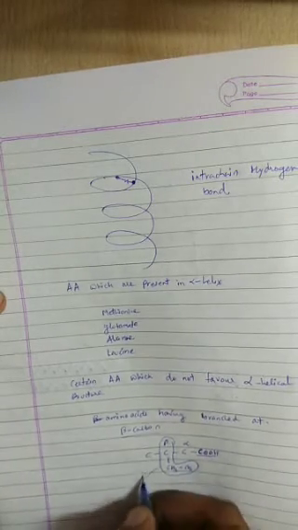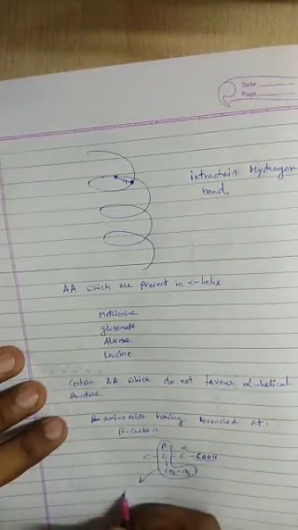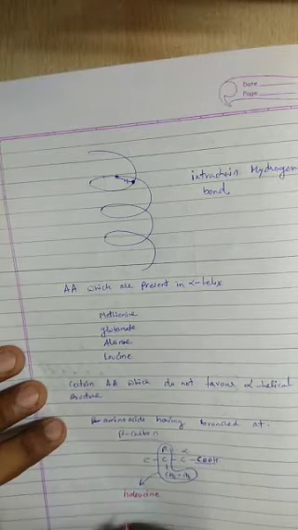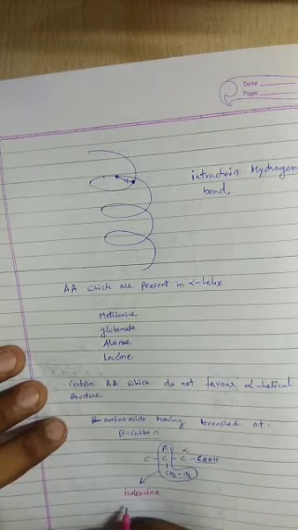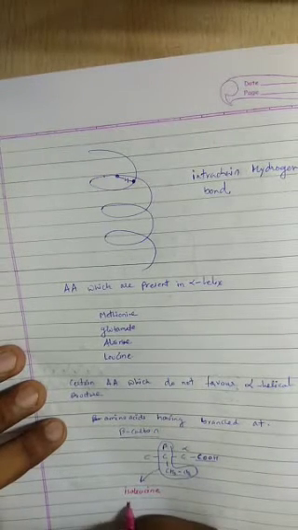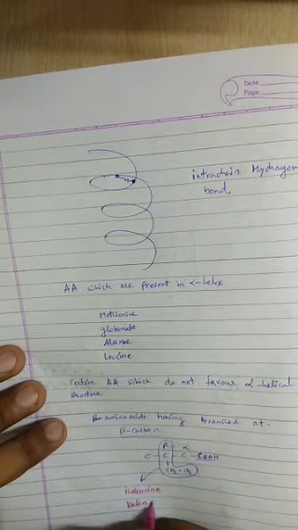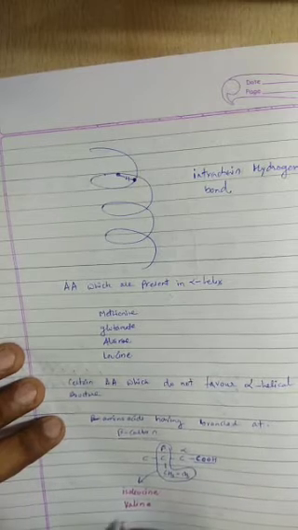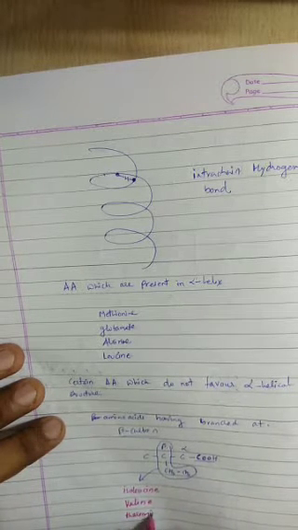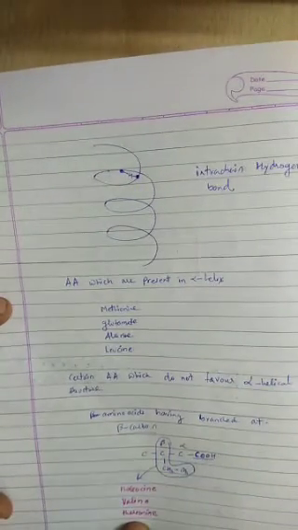These amino acids include isoleucine, valine, and threonine.